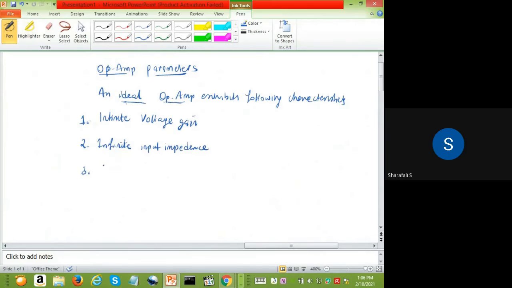Third one, zero output impedance. And also zero output voltage when input is zero.